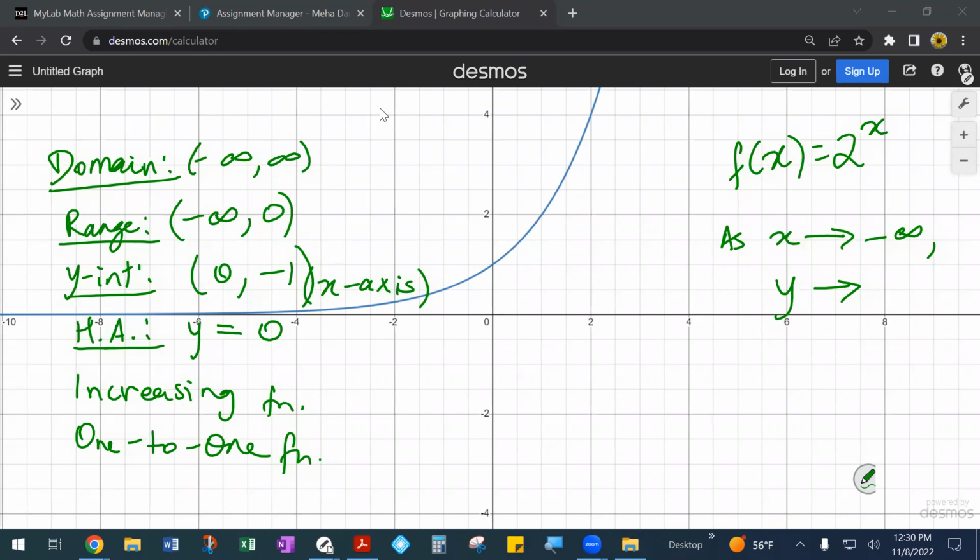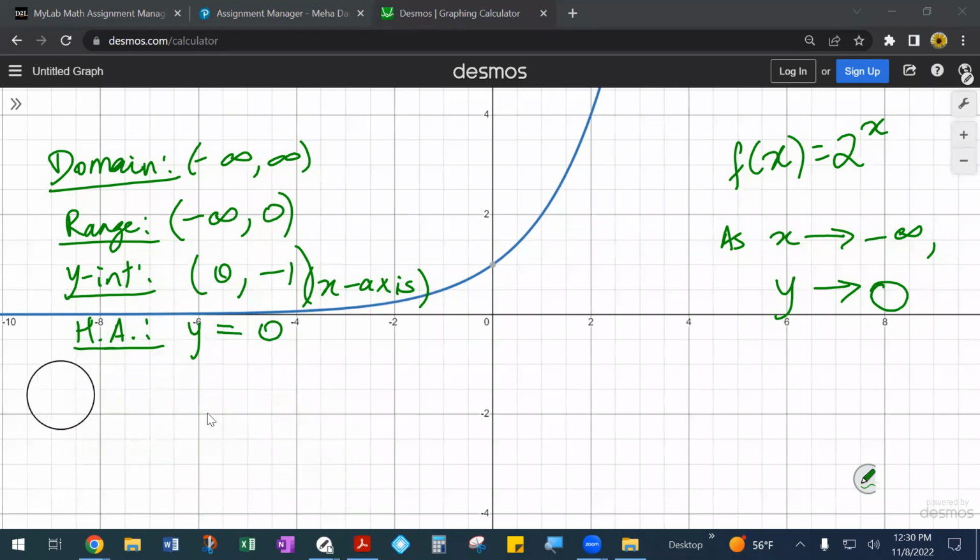Okay, so x is going to negative infinity on the left-hand side, right? Positive infinity would be if your x is going to positive infinity. Zero. Because as your x goes to negative infinity, your y values are getting closer to zero.